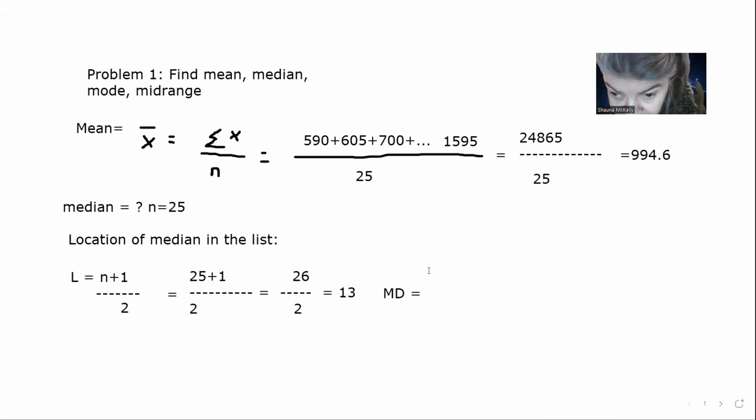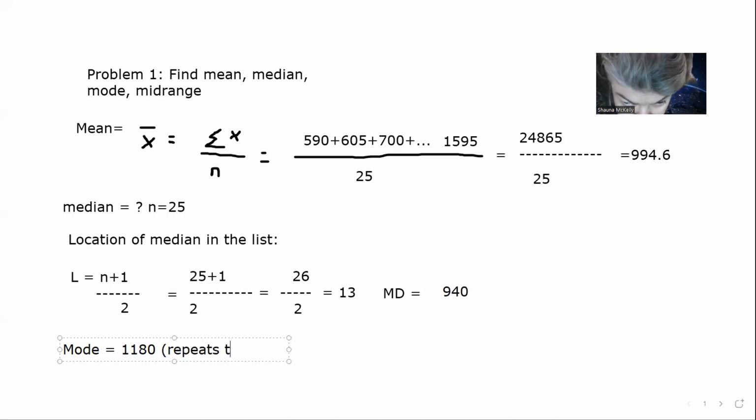So this was 940 from my list. Now, my mode was 1180, and it repeats twice. You don't have to write repeats twice, but I'm doing it here to remind you that it repeated more than the rest of the numbers.